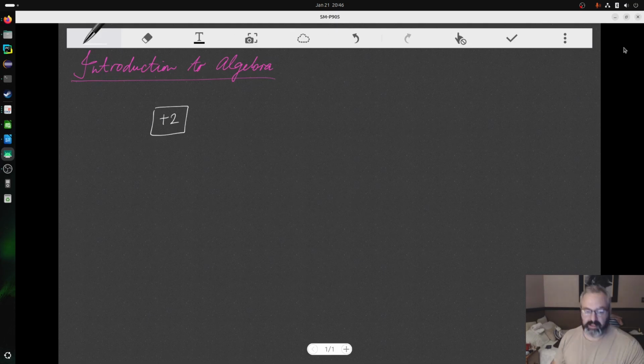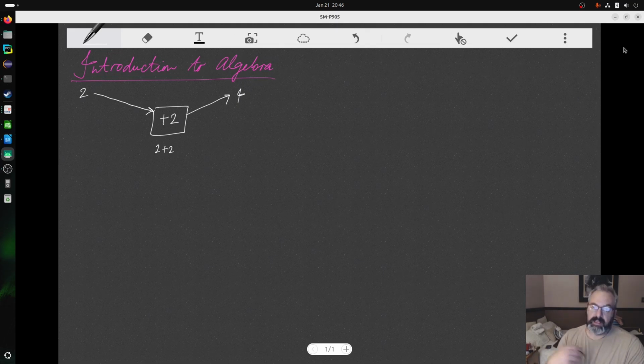So this block with the plus 2 in it denotes some kind of mathematical calculation that we want to do, and how it works is we feed a number into it. Let's say, for instance, we feed the number 2 into it, and then inside this little block we do our mathematical calculation, and what we get out then is of course 4. So what happens inside here is we've got 2 plus 2, and of course that gives us 4.